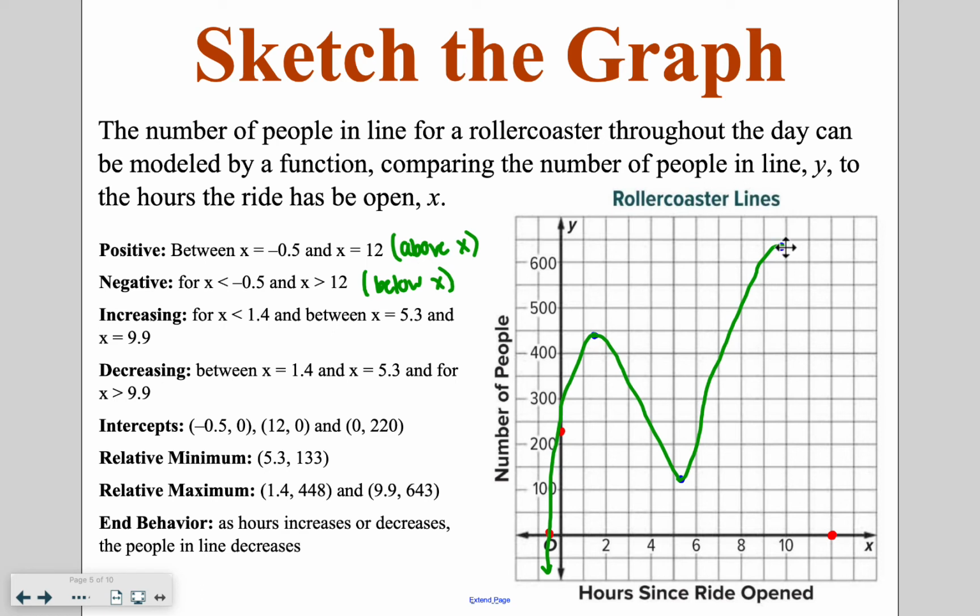And then dropping back down to decreasing at the x values greater than 9.9 and connecting our last values here as the ride is open. Notice once again then my end behaviors, both of them are decreasing. So some of these nonlinear functions will have multiple curves to them.